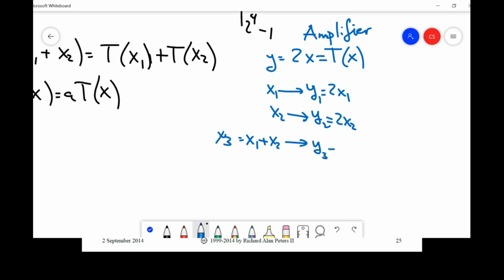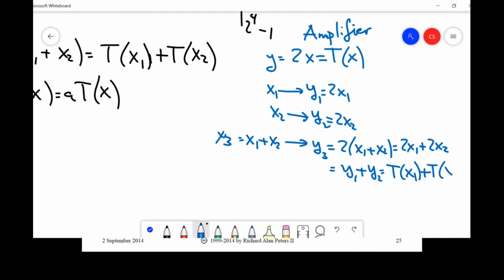This is y3, that will be twice x1 plus x2. But this is twice x1 plus twice x2. And this is y1 plus y2, the transformation applied to x1 plus the transformation applied to x2. So this transformation that simply multiplies by 2 is a linear operator. It fulfills the first condition.